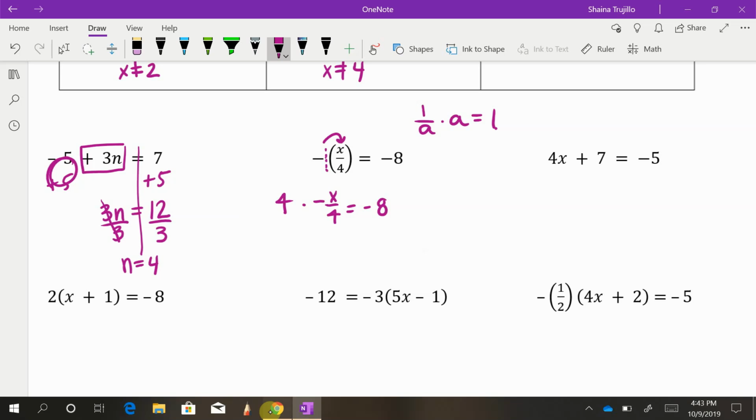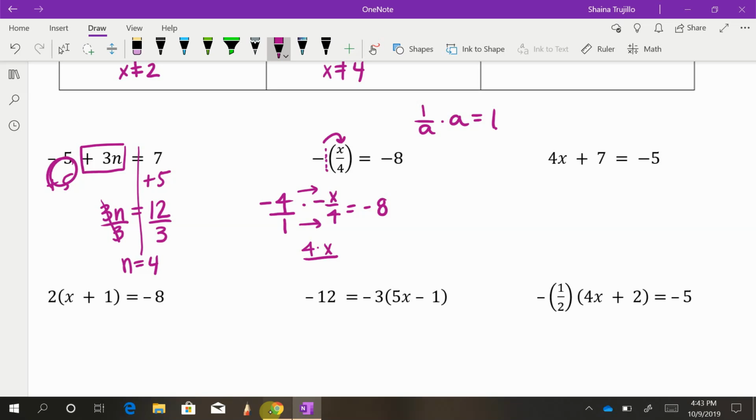And I do not have just a plain 4. I also have a negative tacked onto my x. So I'm going to multiply by a negative 4. This is like saying negative 4 over 1 and multiplying straight across. I'm going to show you this. So negative 4 times negative x is just 4 times x.